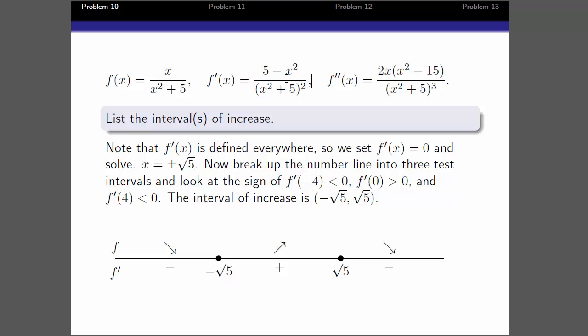And if you set the fraction equal to 0, you'll find that x has to be plus or minus square root of 5, so just the numerator has to be 0 to make the fraction 0. That breaks up our number line into 3 intervals. We can plug test values like -4, 0, and +4 into f prime, and we get negative, positive, negative, which means f went from decreasing to increasing to decreasing, and that gives us the interval of increase is only this middle interval.